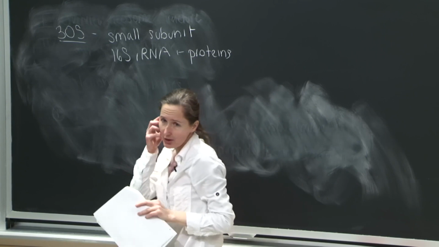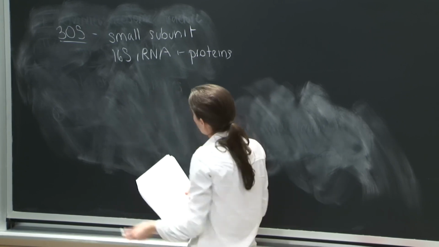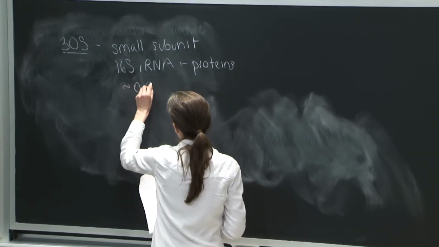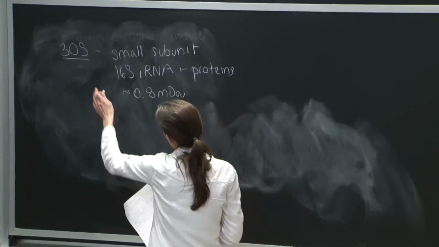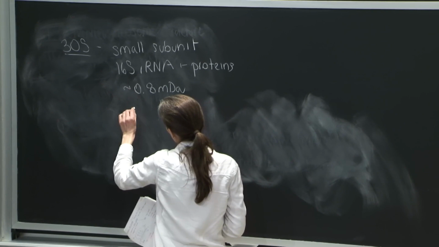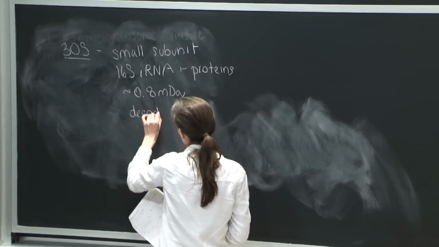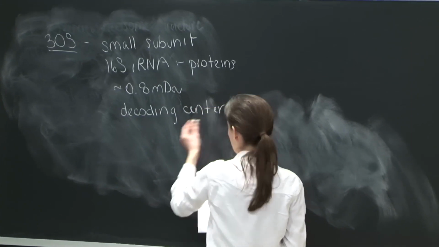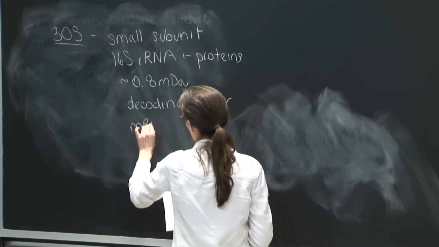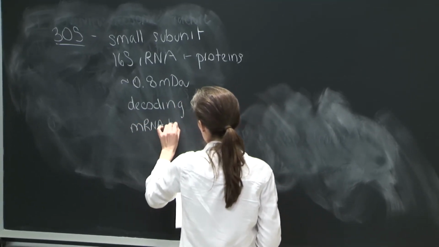It's also quite large, just smaller than the 50S, on the order of 0.8 megadaltons. In terms of function, what we have in the 30S is the decoding center, for decoding the mRNA, and the site of mRNA binding.